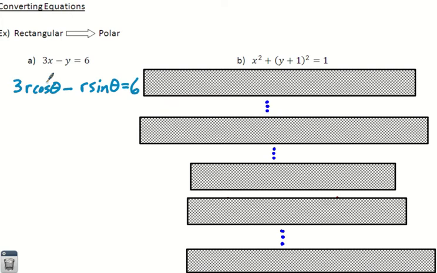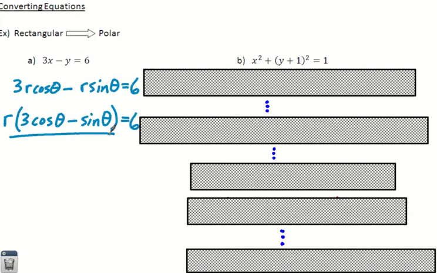Well, the first thing we're going to do is factor out an r, like a GCF. Okay? And then what we're going to do is divide this bubble to the other side.